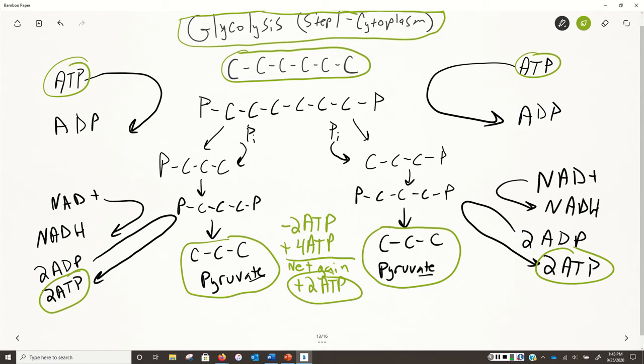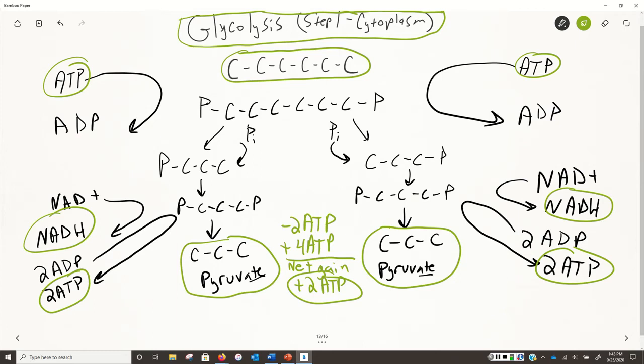Does that make sense? We spent 2, we gained 4. So there is a net gain of 2 ATP. And along the way, we produced 2 molecules of NADH. Everything that is circled in green is what you need to take away from step 1, glycolysis.